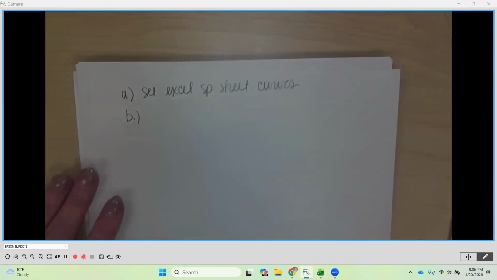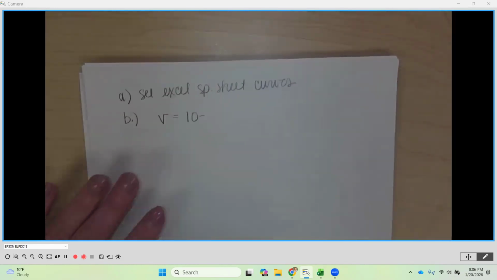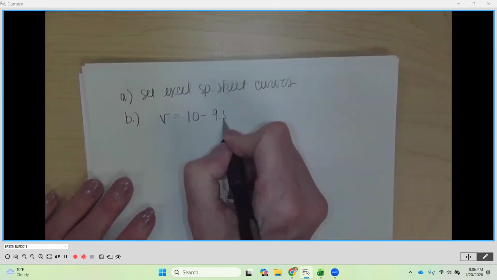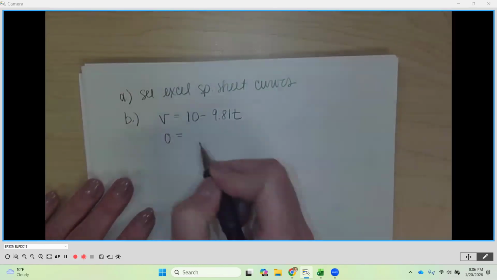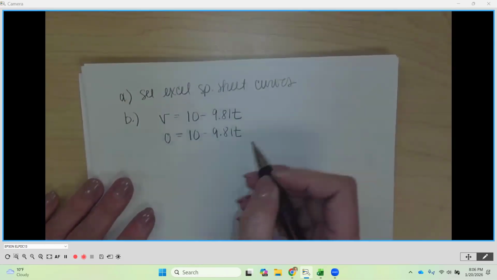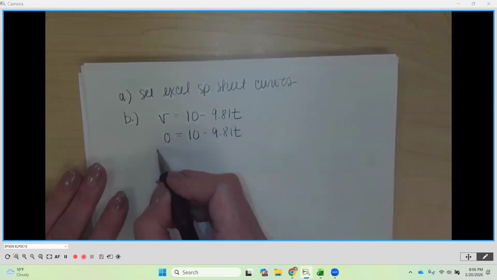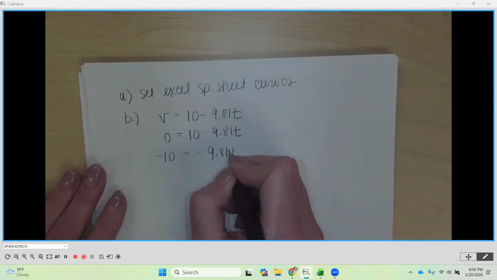So for part B, we're going to say v is equal to 10 minus 9.81 times t, and we set that equal to zero. Zero is equal to 10 minus 9.81t. We solve for t by moving 10 to the other side: negative 10 equals negative 9.81t.